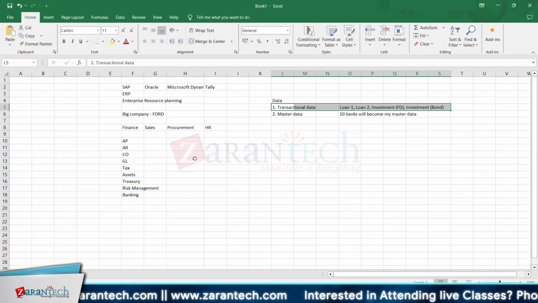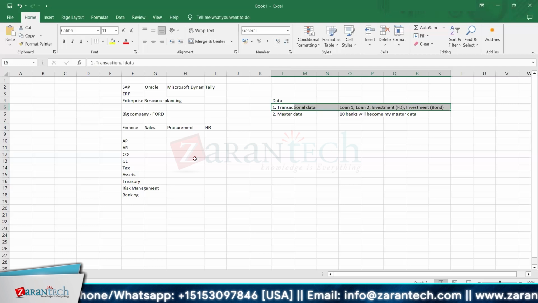But there can be cases where it can get a little gray. For example, a lot of companies treat laptops as an asset because it has a long life. So that's why it becomes master data. But I can probably think of a mobile phone as an expense because I'll be using it for, let's say, 6 months, or it can also be treated as an asset.